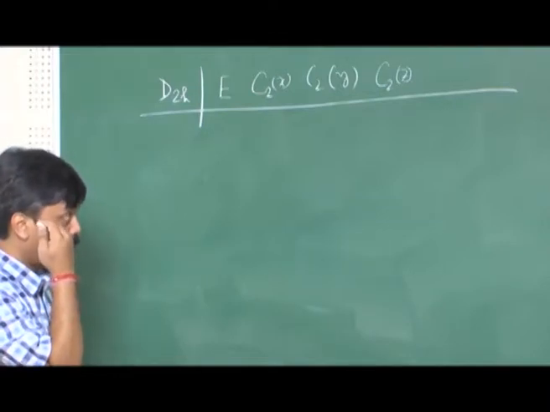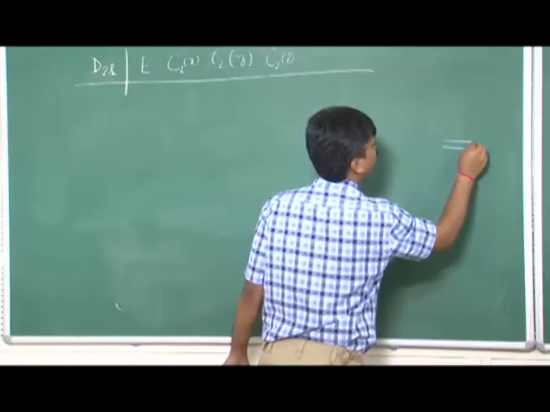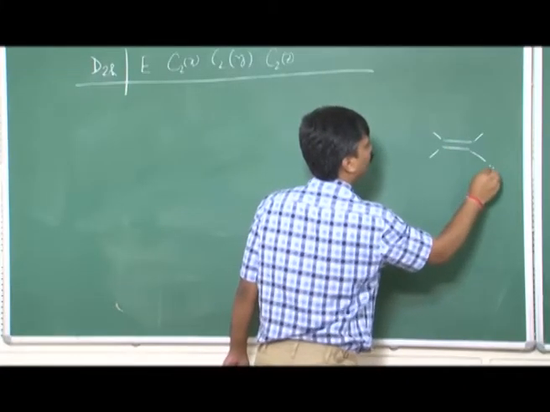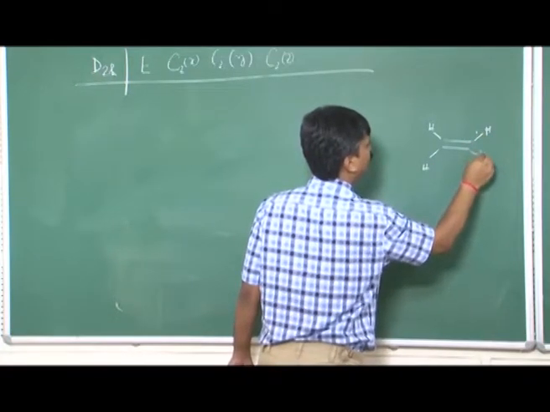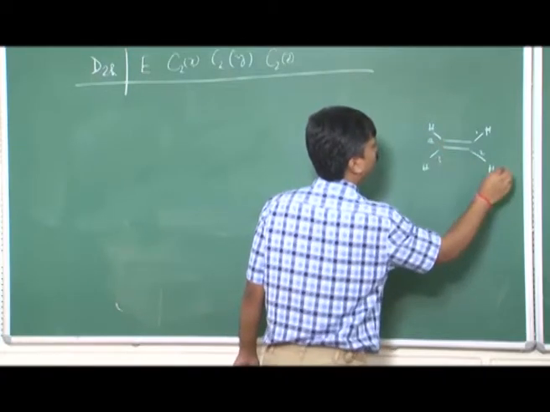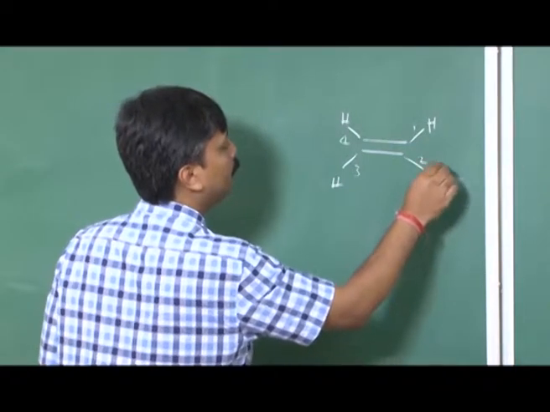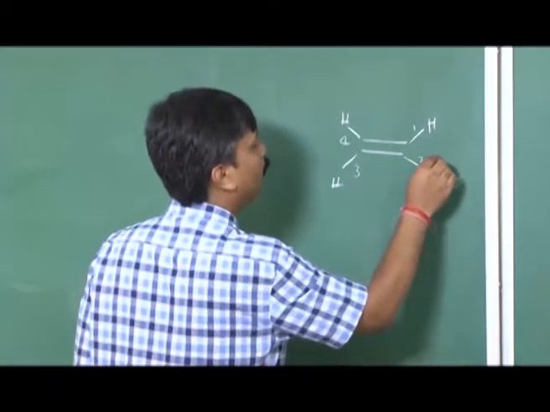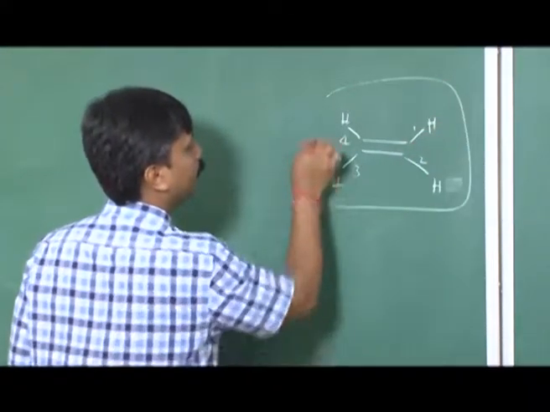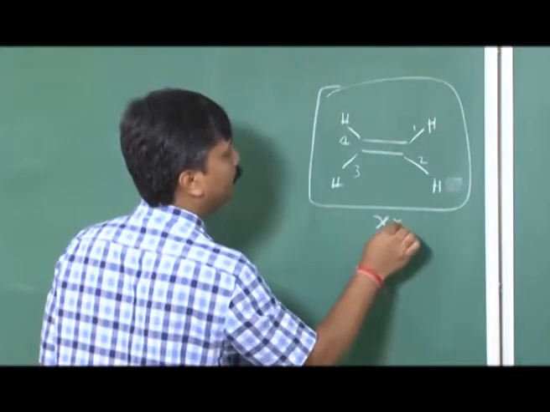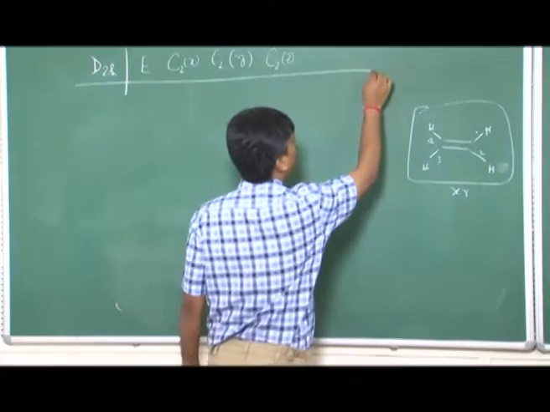Okay, so the C2z, if you take it as the molecular axis, and you just draw the structure, you number the atoms 1, 2, 3 and 4, and these are all 1s orbitals. So you are talking about the sigma bonds here. If I call this plane my xy plane, then the z axis is perpendicular to it. So this is my C2z, and then C2y and C2x are perpendicular to that.